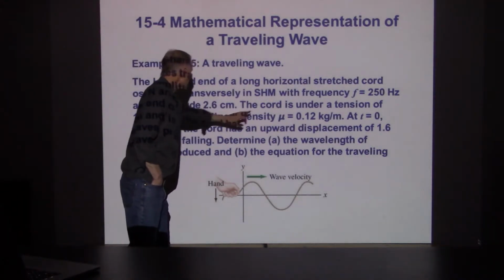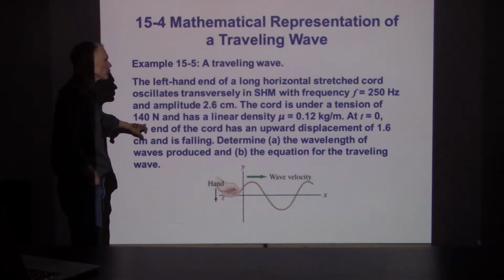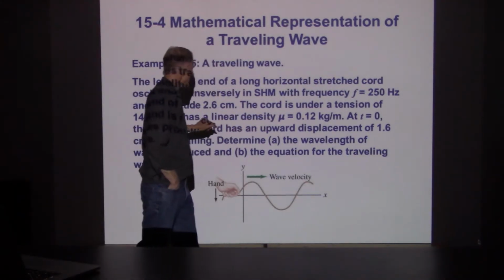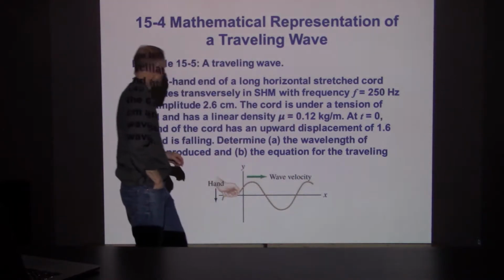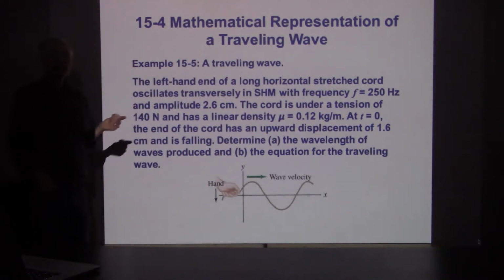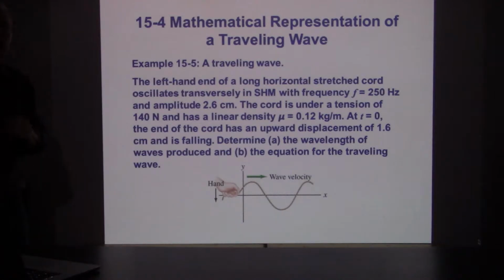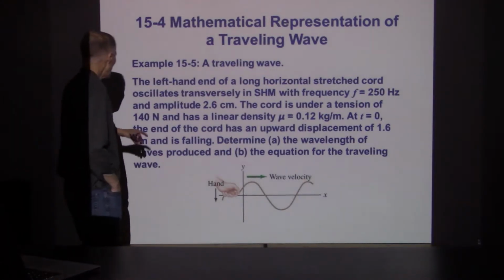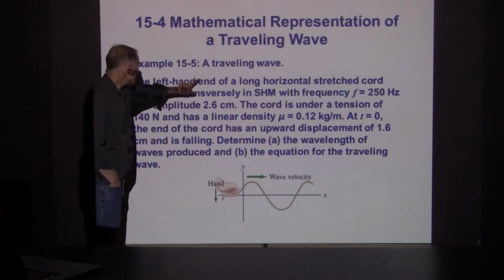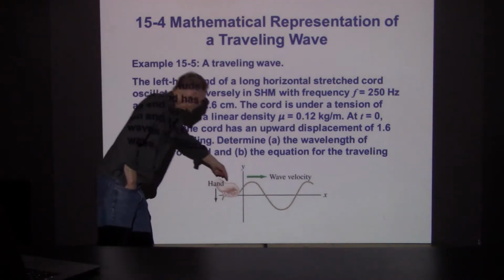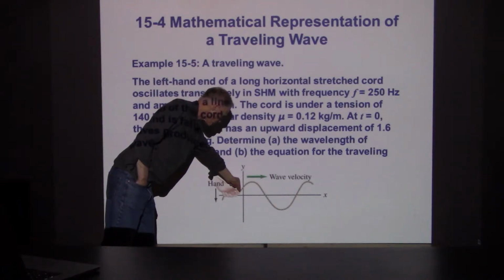All right, so the cord's under a tension of 140 newtons, and it has a linear density of 0.120 kilograms per meter, and at t equals 0, at the time we want to be able to call t equals 0, the end of the cord, now I guess this is what they're calling the end, is this location where it's being driven.